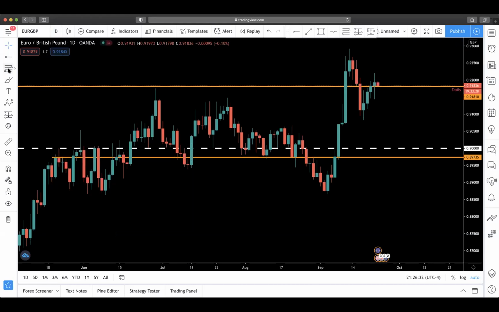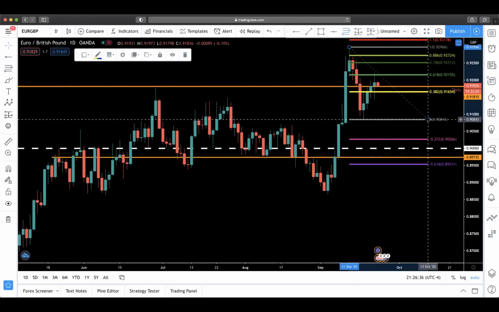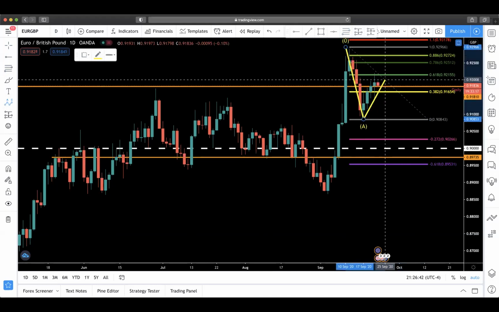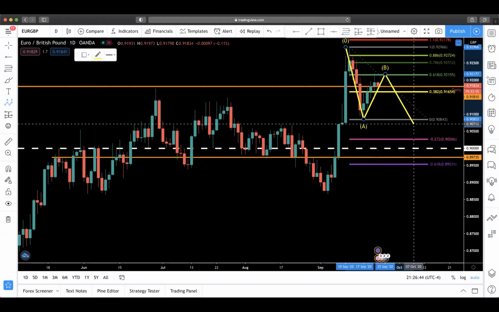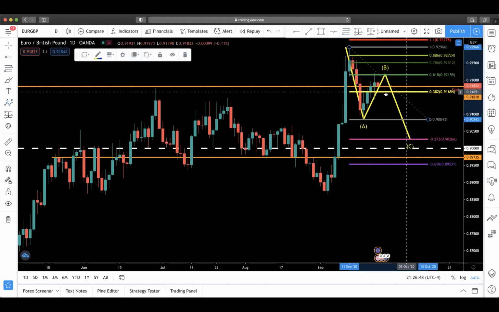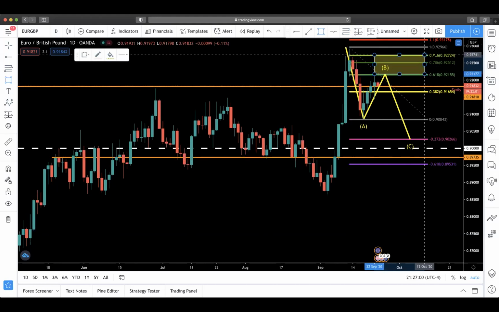Now, let me finish marking this up for you guys. I deleted my stuff. Do you go from wick to wick with the fibs, or do you go from body to body? Wick to wick. Yeah, some people do body to body. What's the difference? Is it that much of a different response? As long as you don't flip flop. Sometimes you do wicks, sometimes you don't.